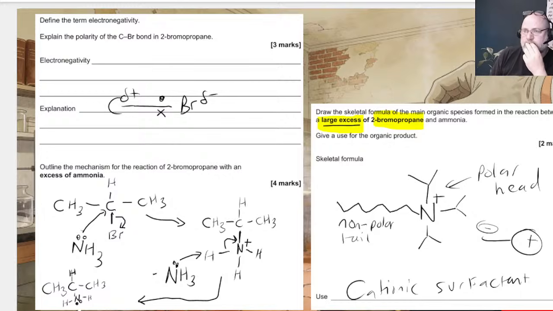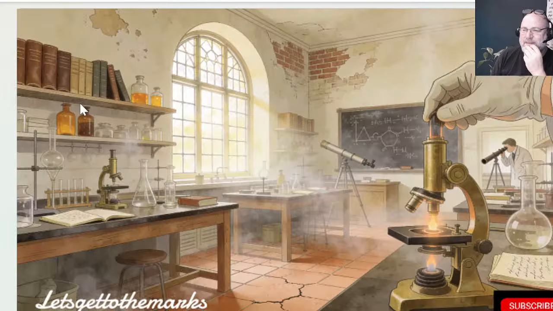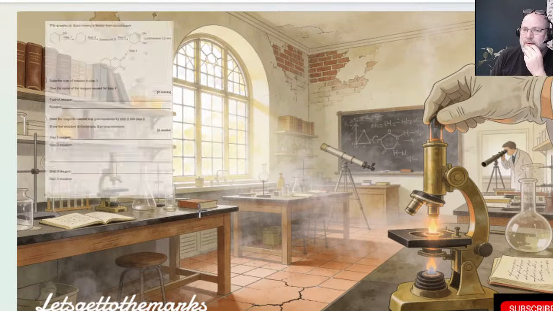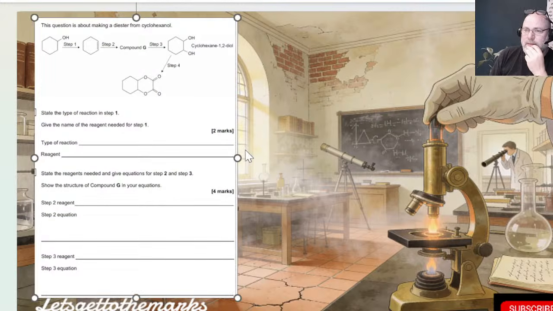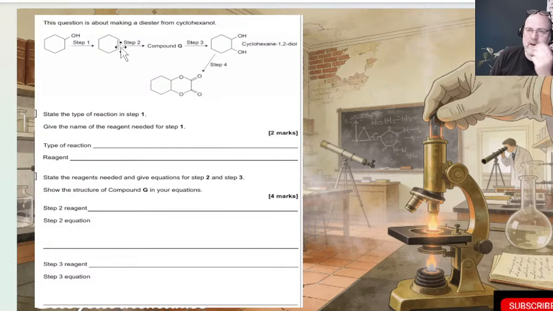Let me just give you a little thing here, and then I'm just going to give you a quick synthesis while I'm having a flick. Have a go at this. There you go. We've got cyclohexanol.